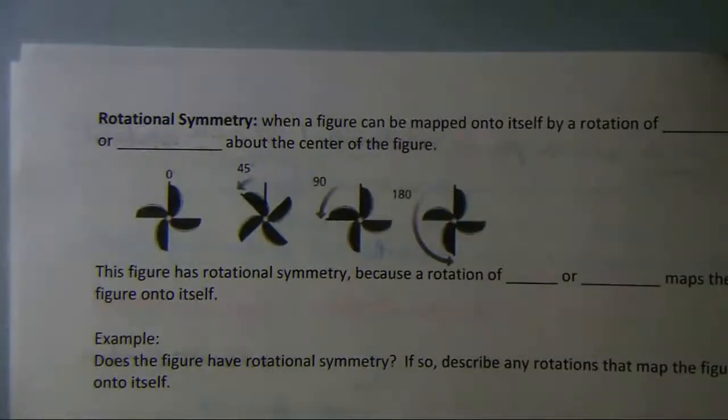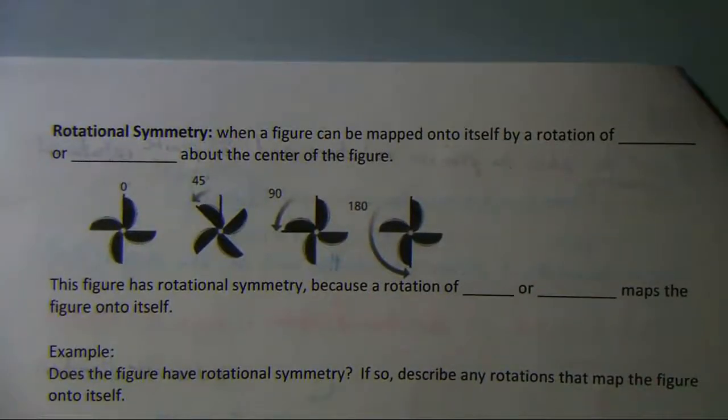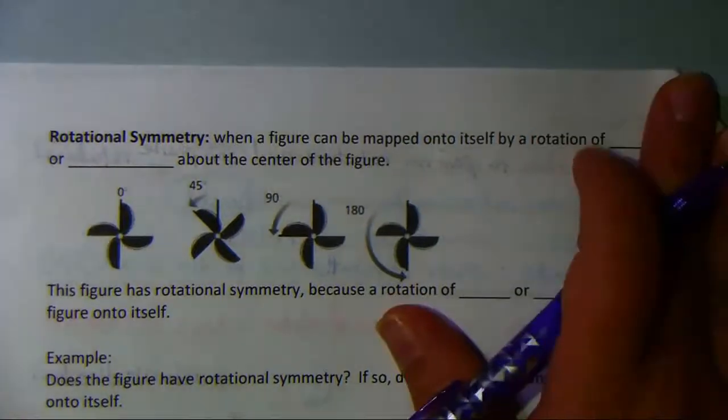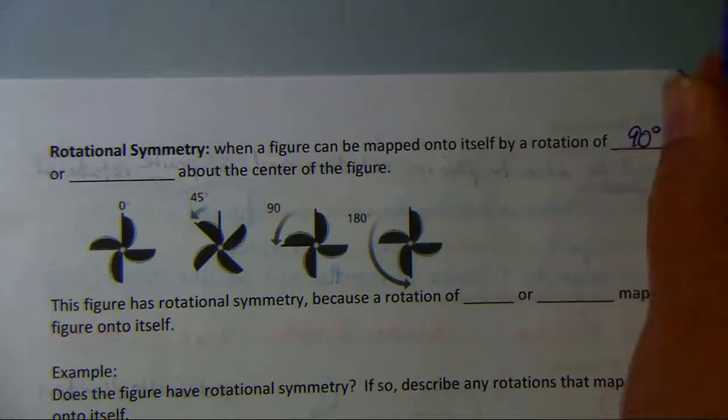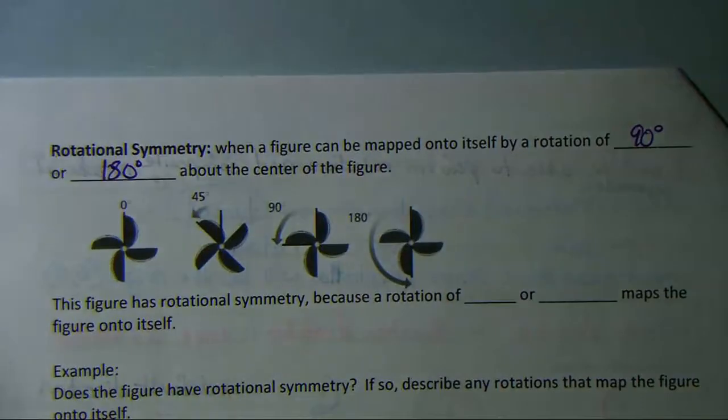Okay, we have something called rotational symmetry. Rotational symmetry is when a figure can be mapped onto itself by a rotation of 90 degrees, or 180 degrees about the center of the figure.